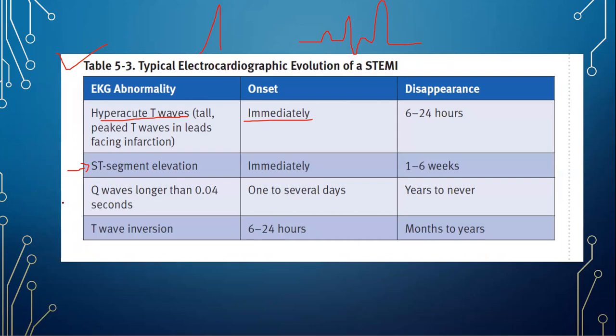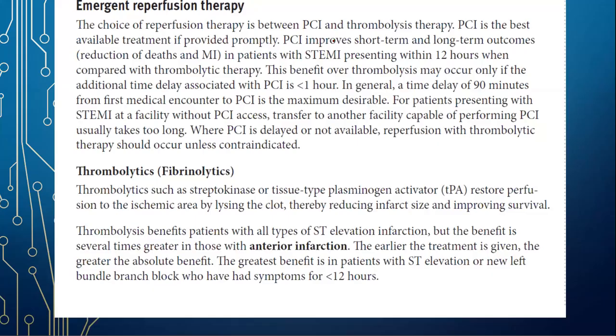And 1 to several days later, you develop Q wave, and then in 6 to 24 hours, T wave inversion. So first hyperacute T wave, then ST segment elevation, then Q wave, then T wave inversion. This is how the evolution of ST elevated MI occurs.